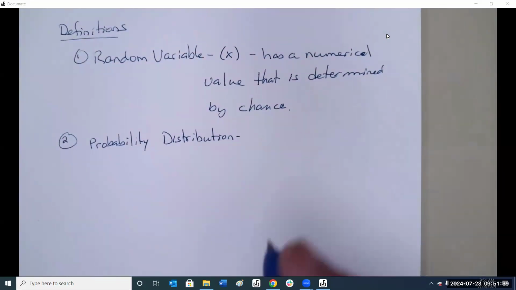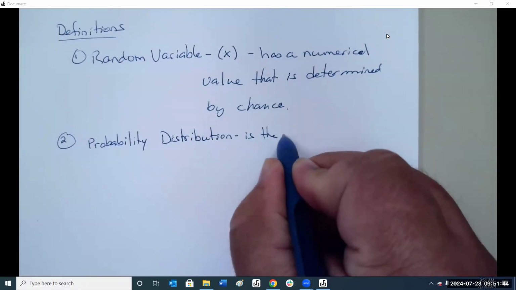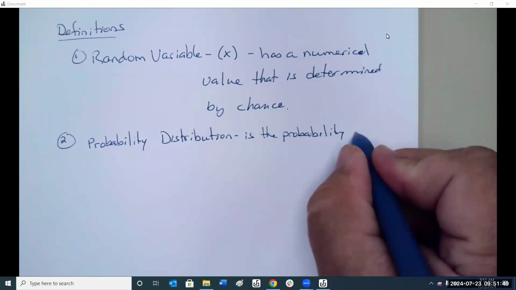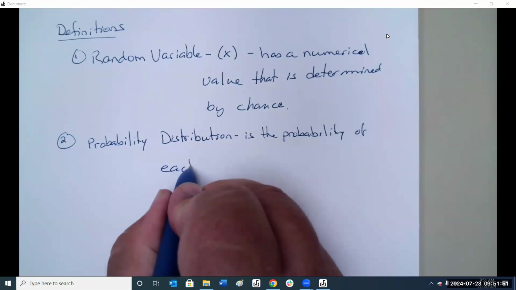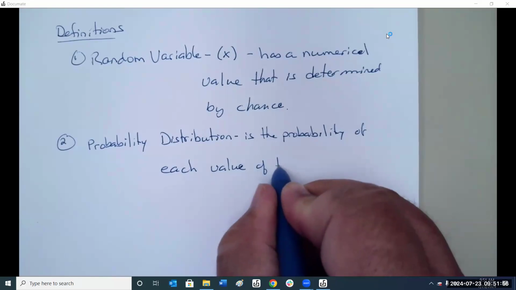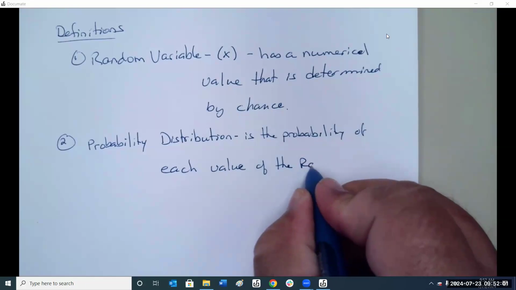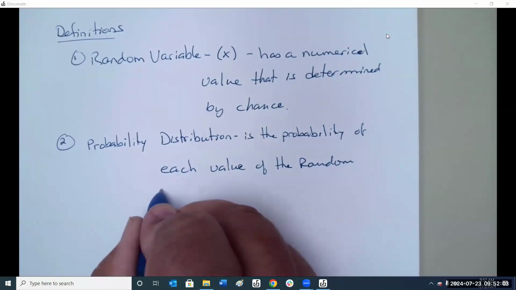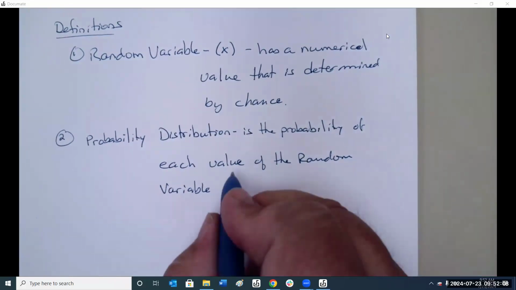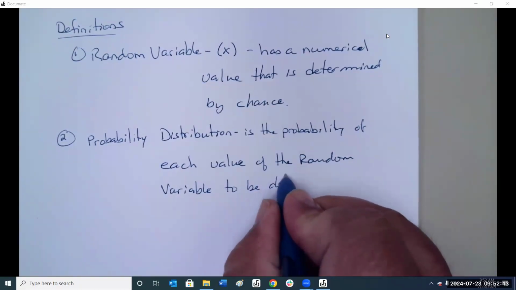The probability distribution is the probability of each value of the random variable to be determined.